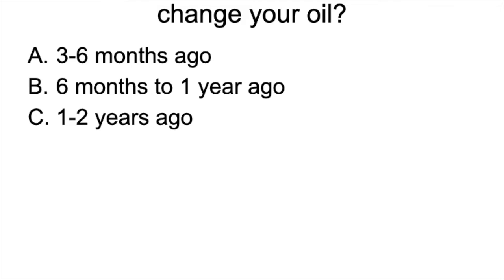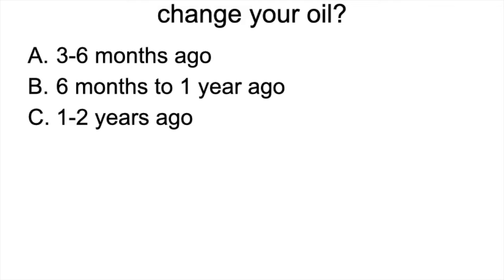One is this has two questions combined into one. You could have your oil changed without rotating your tires. You could rotate your tires without changing your oil. These are not necessarily done together, and by combining them, it makes it impossible for most people to answer the question accurately.